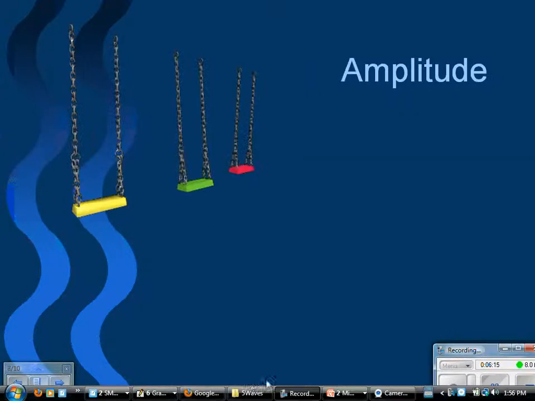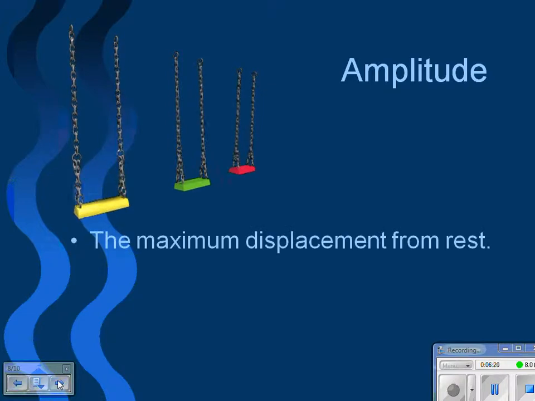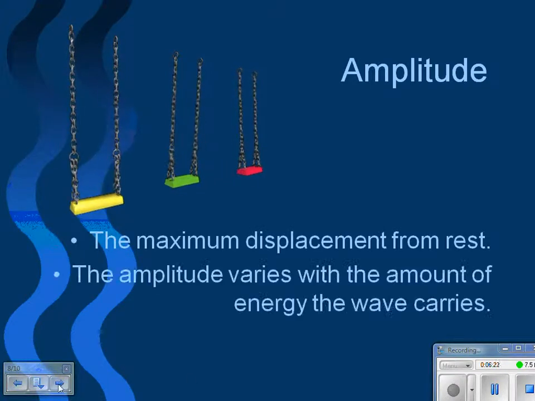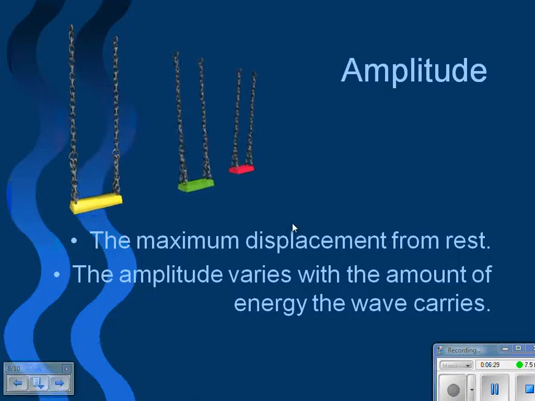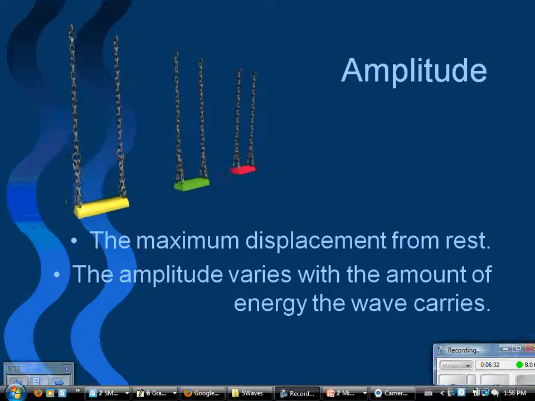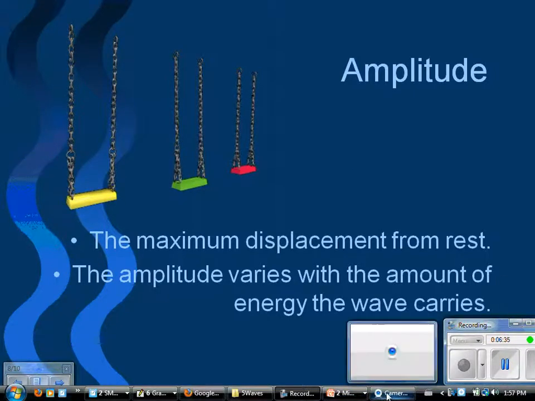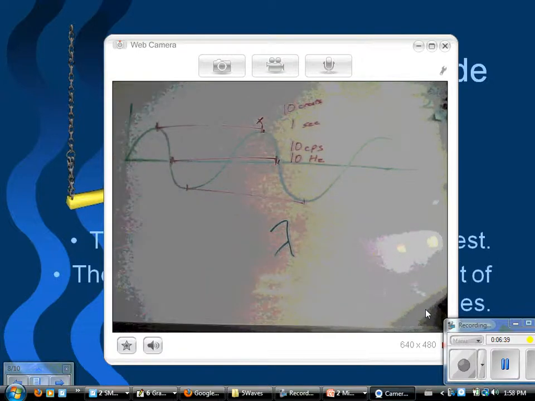What's amplitude? Amplitude is the maximum displacement from rest. The amplitude varies with the amount of energy the wave carries. All right, so for amplitude, another common mistake I see is it's from rest.